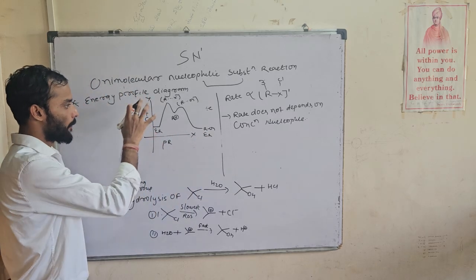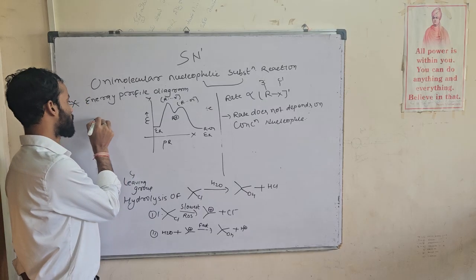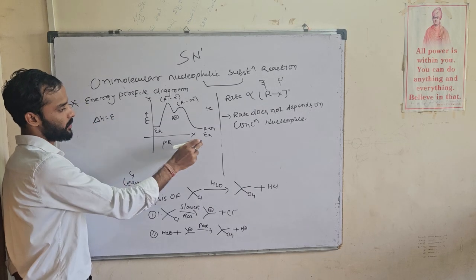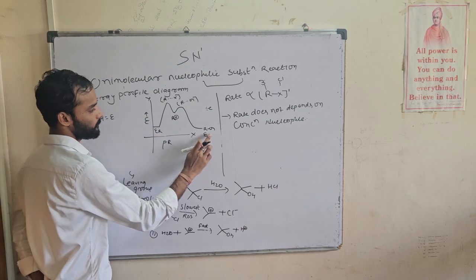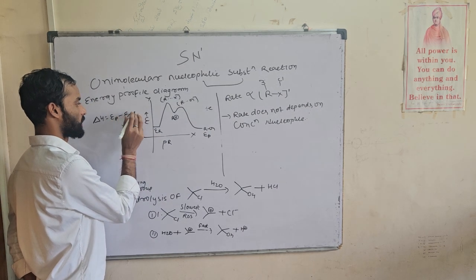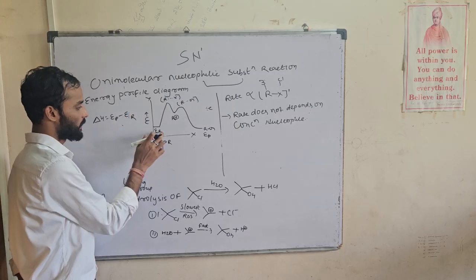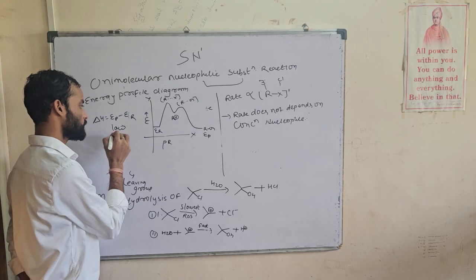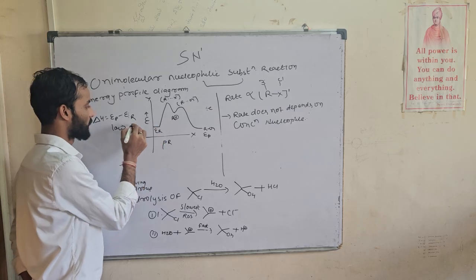By observing this diagram, we can say that the enthalpy of reaction is equal to energy of product minus energy of reactant. Here the energy of product is low and energy of reactant is high.